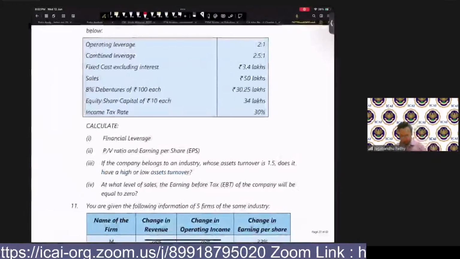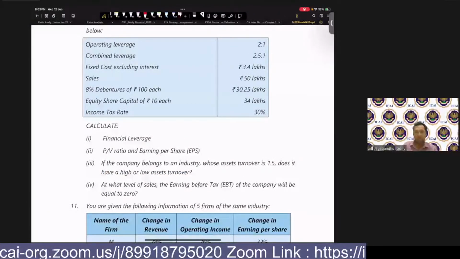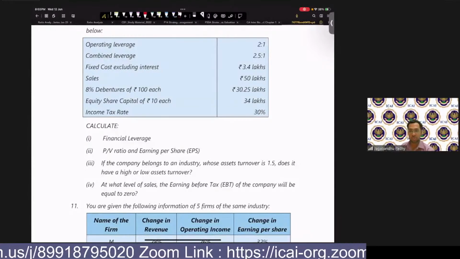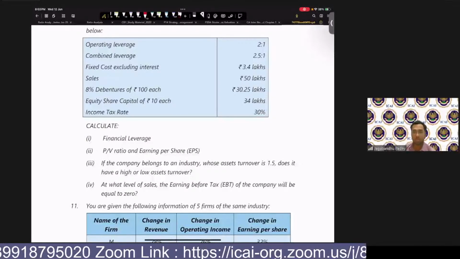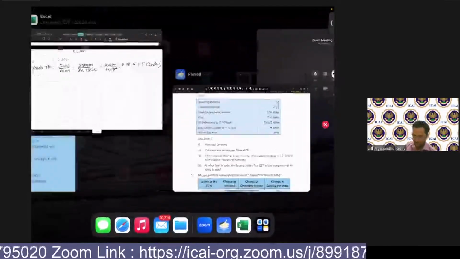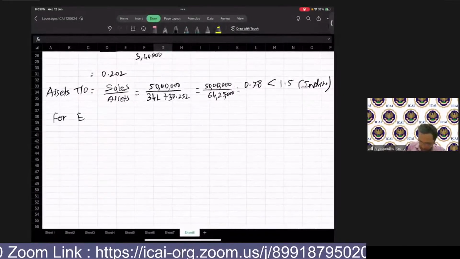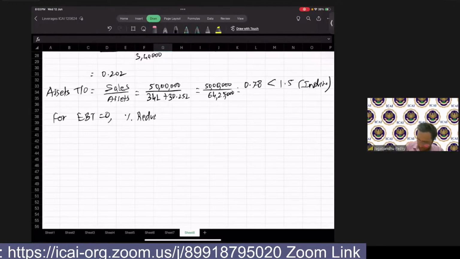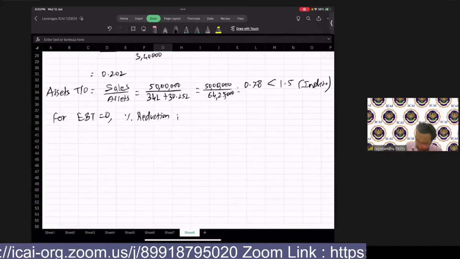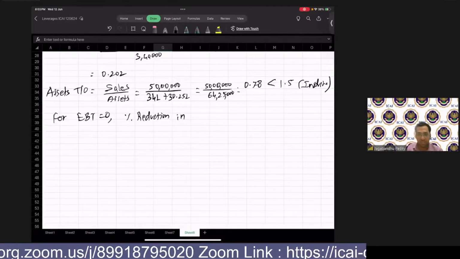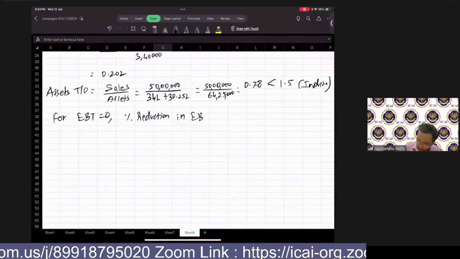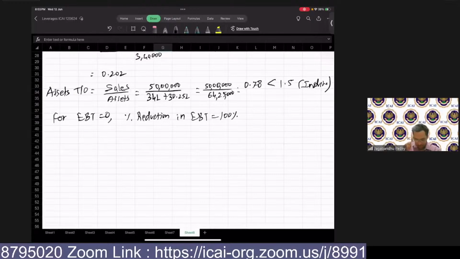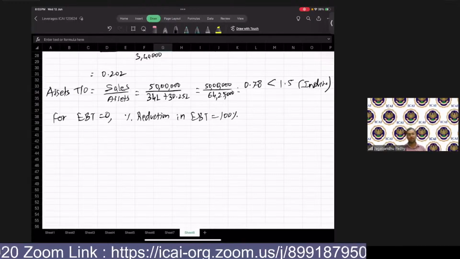Then finally, at what level of sales will the earnings before tax of the company equal zero? For EBT equal to zero, we want a 100% reduction in EBT.